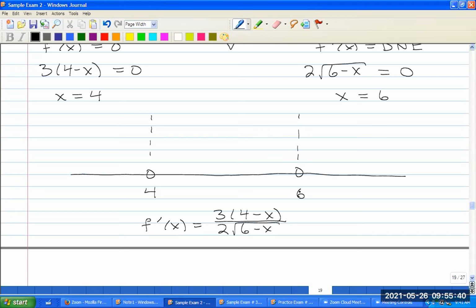And over here, my function is not defined. So this is not in the domain.